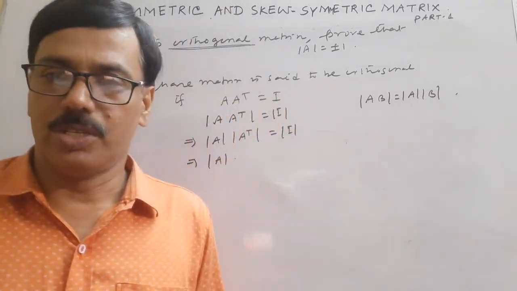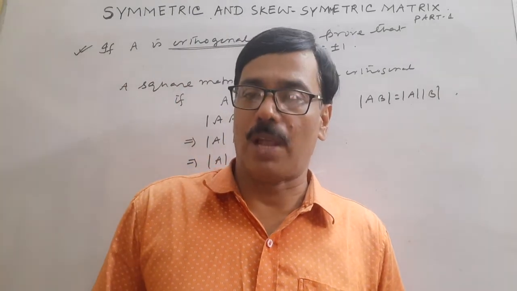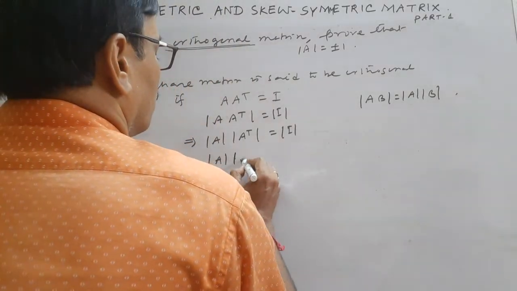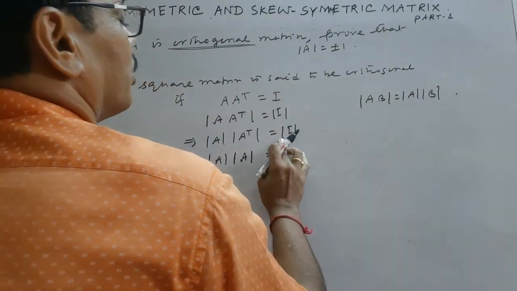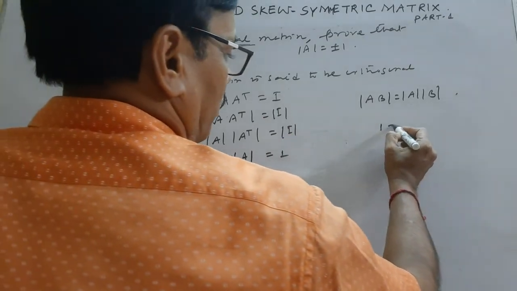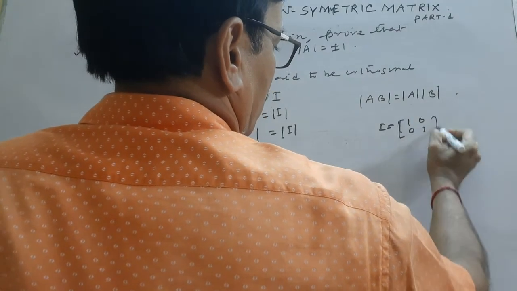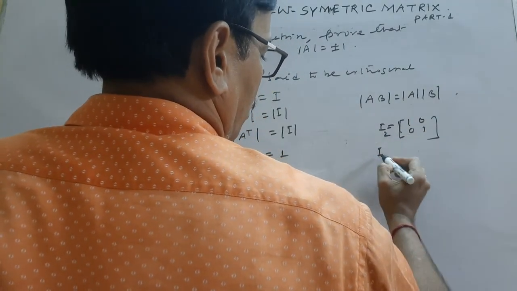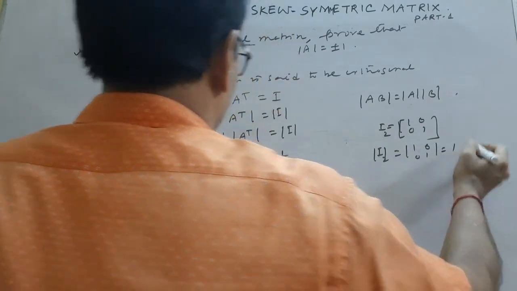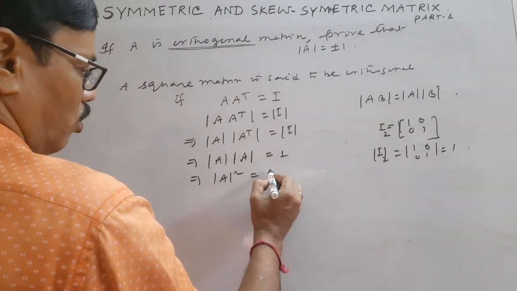We know if we change rows into columns, the value of the determinant does not change. So this is also determinant A. The determinant of the unit matrix I, second order I2, with rows 1, 0 and 0, 1, is 1. So determinant A squared equals 1.